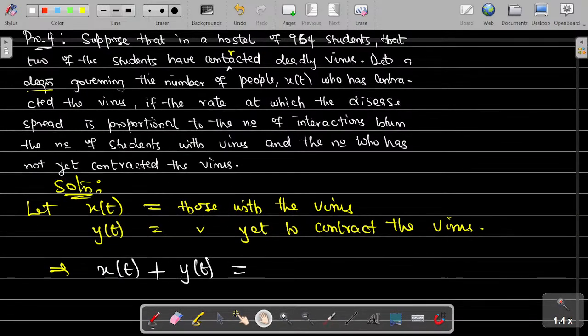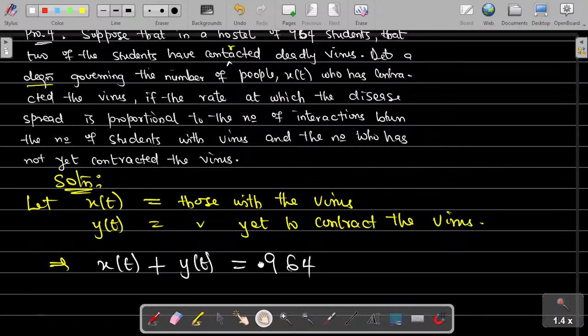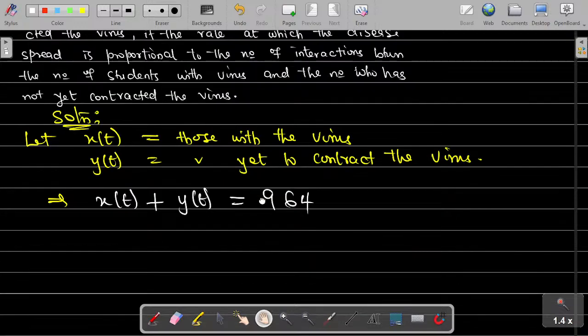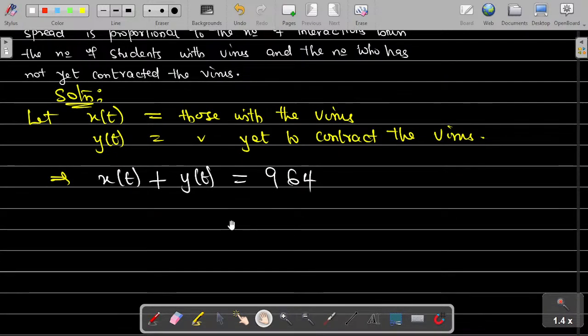And the total number of students at any given time is given as 964.